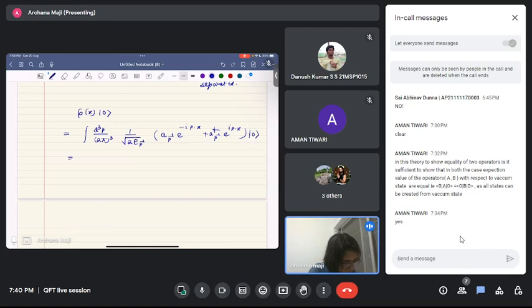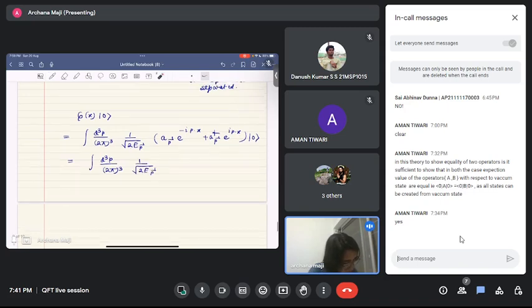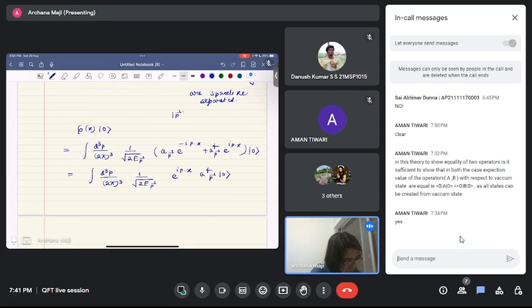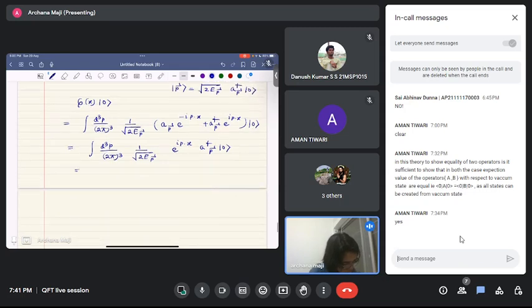Now this a_p acting on 0 gives you 0, and a dagger acting on 0 — remember how we defined our state p, that was square root of 2 E_p a dagger p on 0. So this is equal to the integral d^3p over (2 pi)^3, 1 over 2 E_p, exponential of i p dot x.